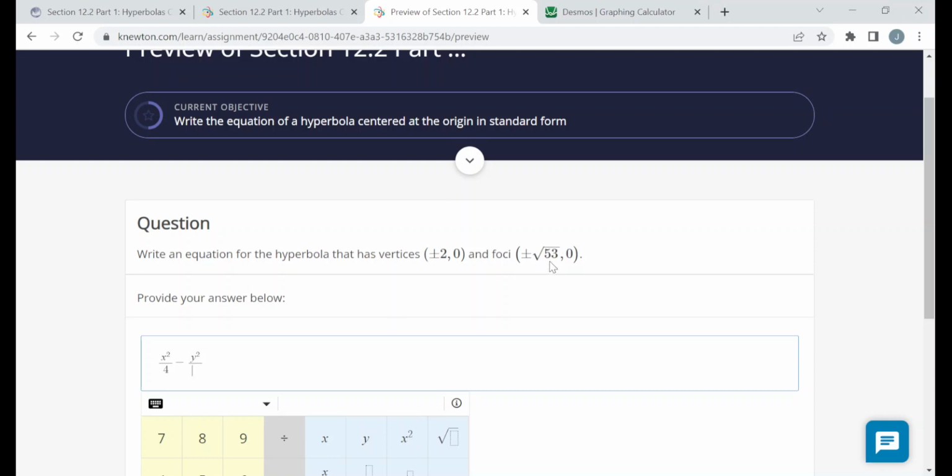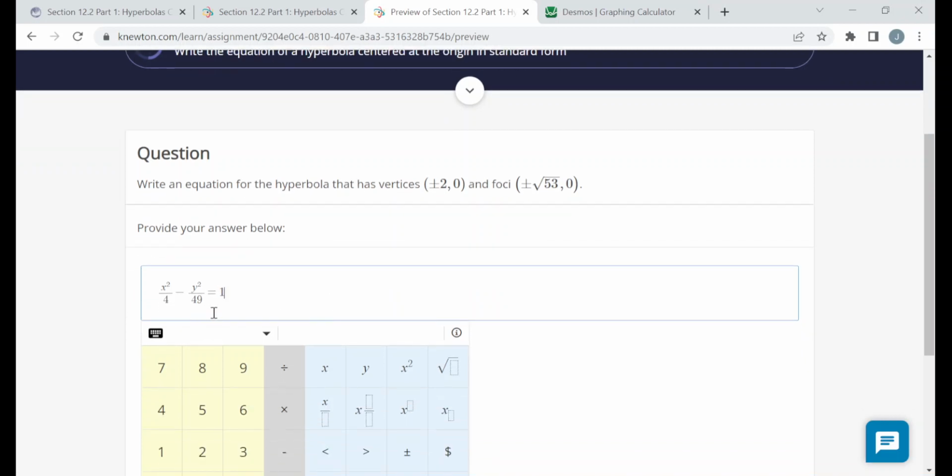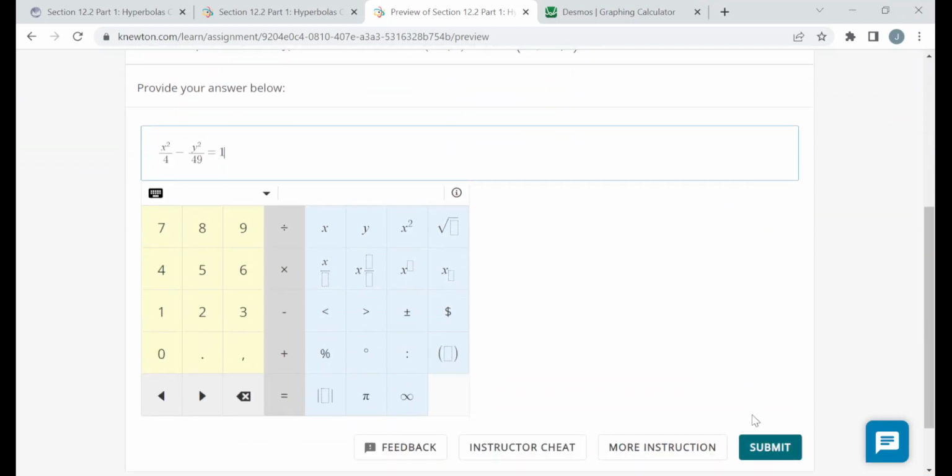Well, c would be the square root of 53, right? So c squared would be 53, and that would be a squared plus b squared, but we know a squared is 4. So subtract 4 from 53, that's 49. 49 is your b squared. So y squared over 49, and then equals 1. So x squared over 4 minus y squared over 49 equals 1 would be the equation of the hyperbola described up here.